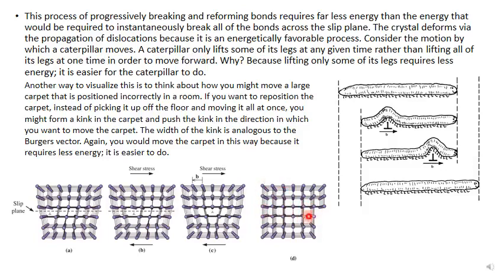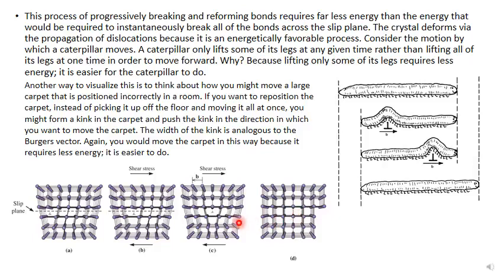So we need to break all these bonds to be able to move the upper portion of the crystal away from the lower portion of the crystal. Having dislocations in metals and alloys makes this process much easier, with less energy consumption.